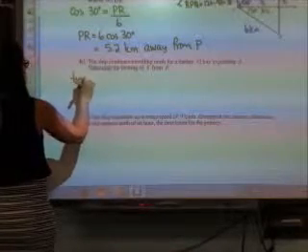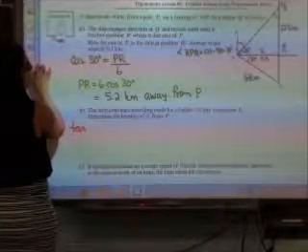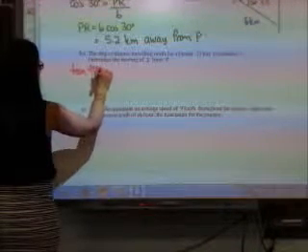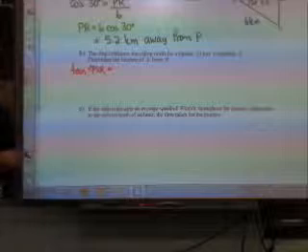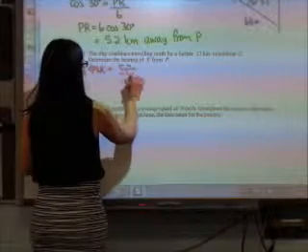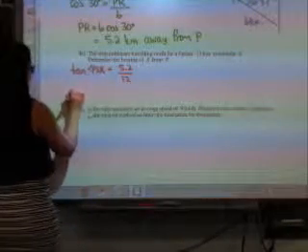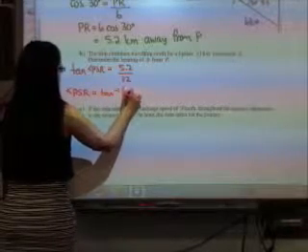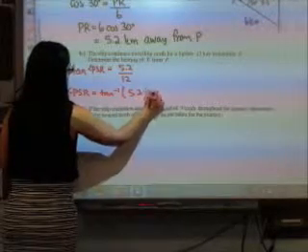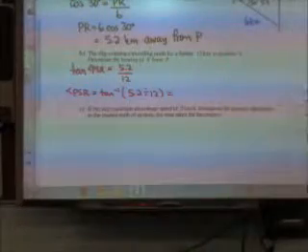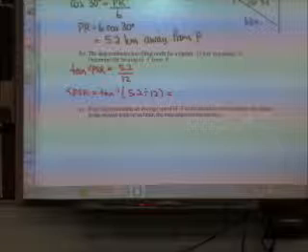Angle, what do we call it? Angle PSR equals what? 5.2 divided by 12. So then angle PSR would be the tan inverse. And what do I get?